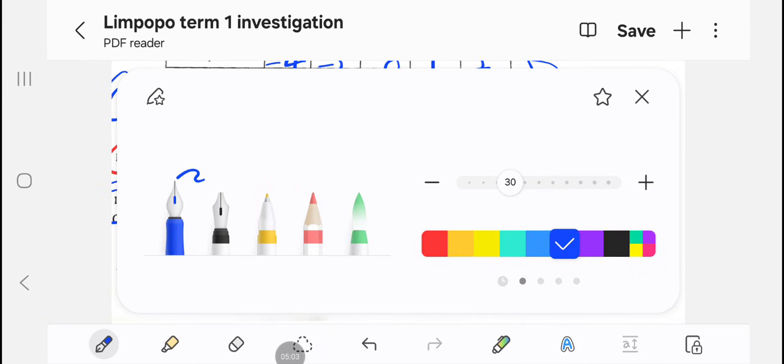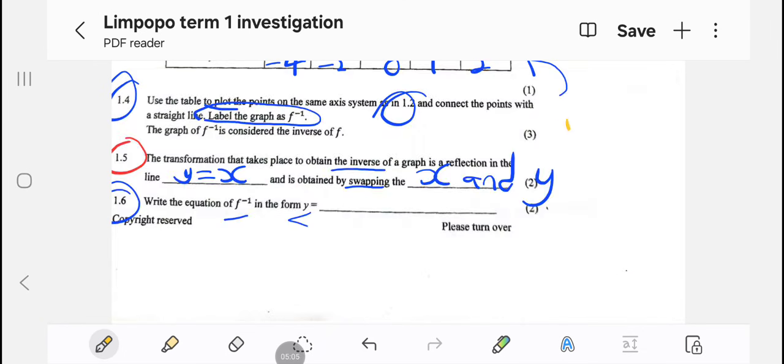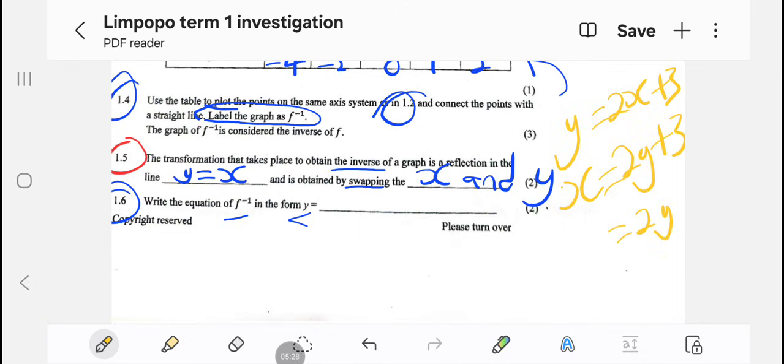1.6, write the equation of the inverse in the form of y. What was our original equation? The original equation is y is equal to 2x plus 3. They are not saying work it out. They are not saying determine. They are saying write it down. So x comes here, y goes there, and then 2y, we make it the subject of the formula.